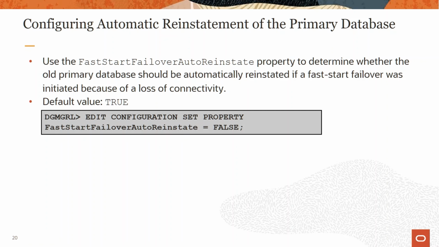Thus, your original primary database is resynchronized with the new primary database, so we can enable the original primary database that became a physical standby database. However, you may not want to enable this feature because you want to troubleshoot to see what happened. In that case, you can set it equal to false.